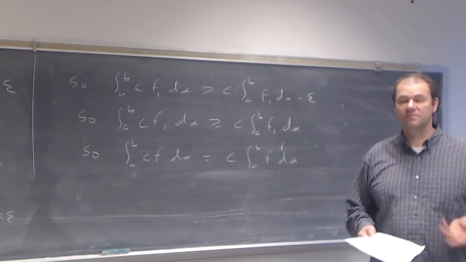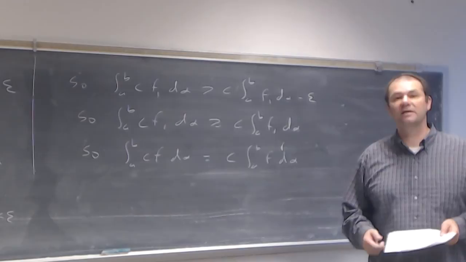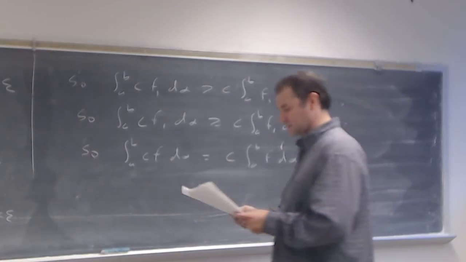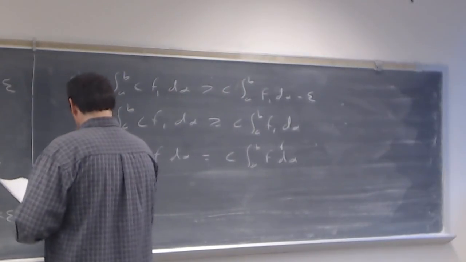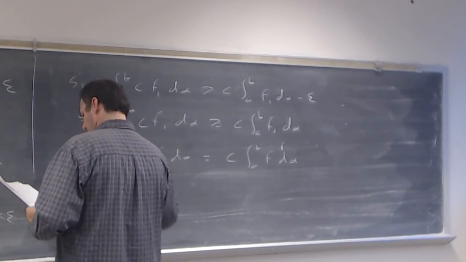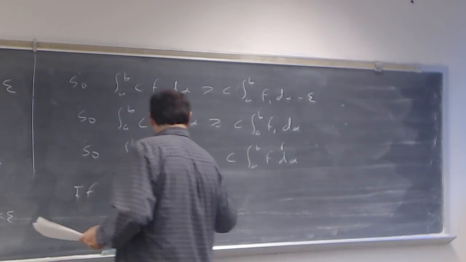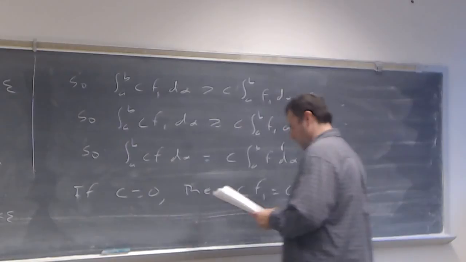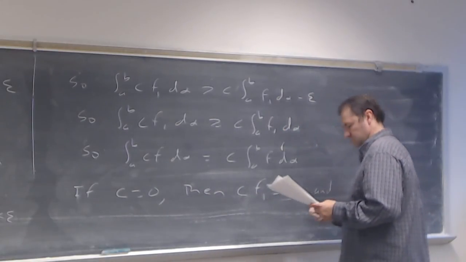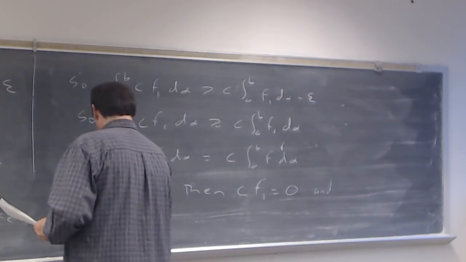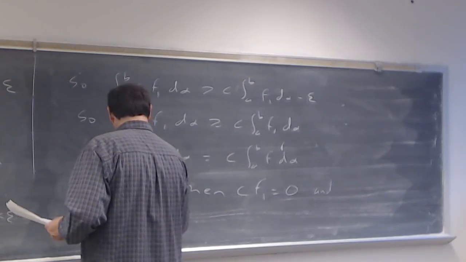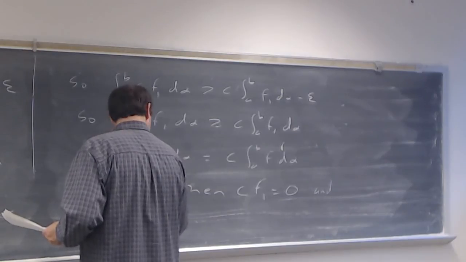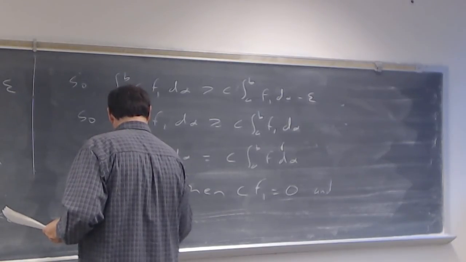Now we've got to consider two more cases. That's when c is equal to 0 or c is less than 0. And in c less than 0, we'll do two subcases. Here, if c is equal to 0, well, that's easy. Then c times f sub 1 is equal to 0, and 0 is an element of Riemann integrable functions.